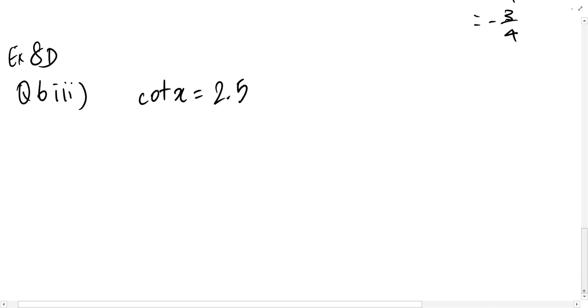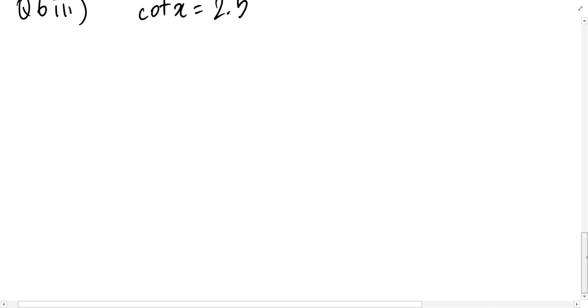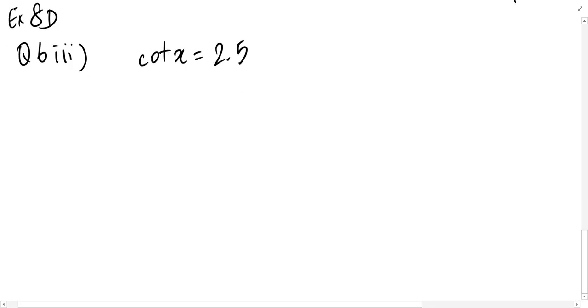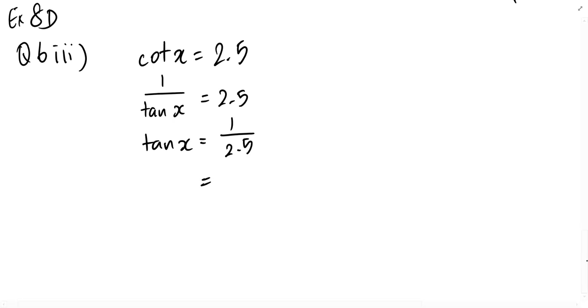Straight away, what do you have to do? Are you comfortable with cotangent x? Not really, right? So what would you like to change it to? Okay, so this becomes 1 over tangent x is 2.5. In other words, tangent x is equal to 1 over 2.5. How much is this? 2 over 5, right? Okay, tangent x is 2 over 5.